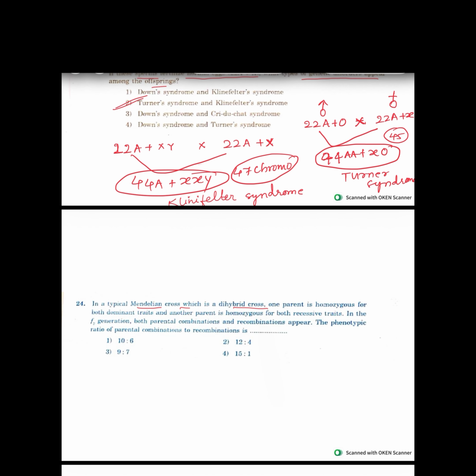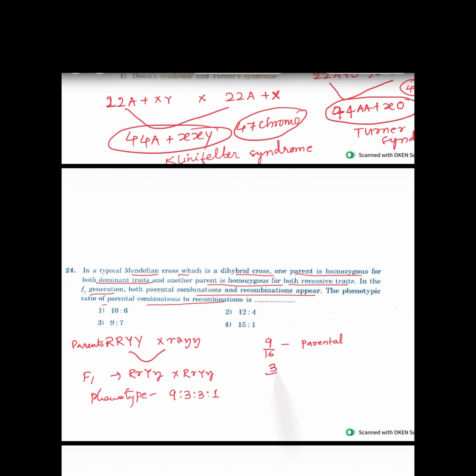So Mendelian dihybrid cross. So parental combination, phenotype of parental combinations. Here parental combinations will be 10, whereas recombinants 6, that is 10 is to 6. 9 is to 3 is to 3 is to 1 is the phenotype.